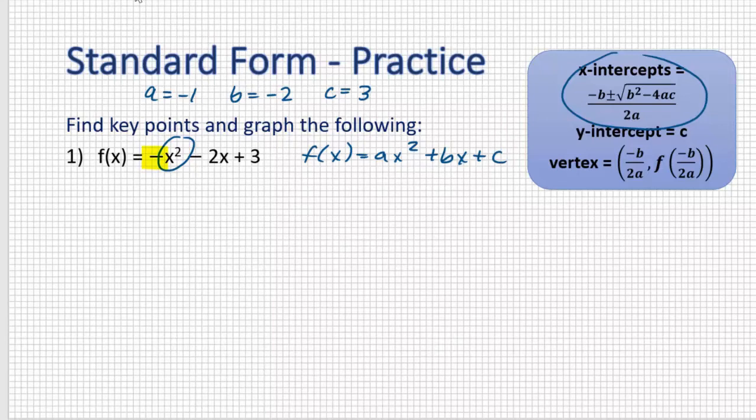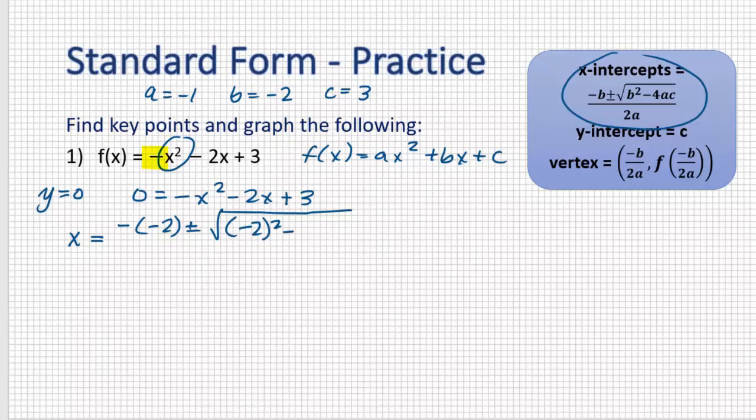So the x-intercepts we'll find using the quadratic formula. Of course, we've set y equal to 0 to find these, so we're solving for x given that 0 is equal to negative x squared minus 2x plus 3. We already know the values for a, b, and c, so we simply fill these in. So we have x is equal to negative b, or negative times negative 2, plus or minus the square root of b squared, so that's negative 2 squared, minus 4 times a, which is negative 1, times c, which has a value of 3 in this case, all divided by 2 times a, which in our case is negative 1.